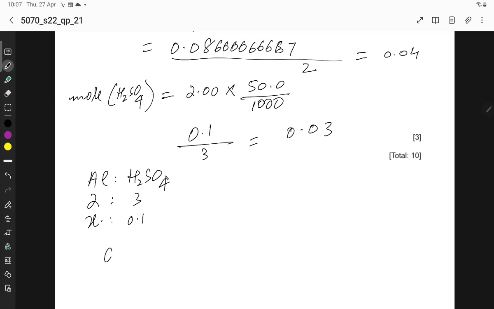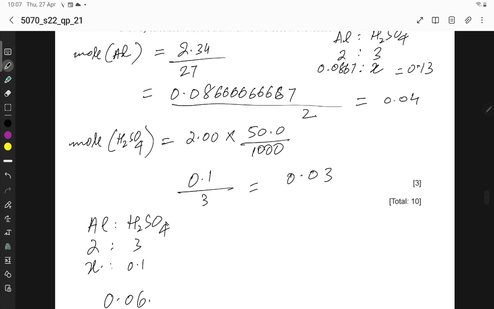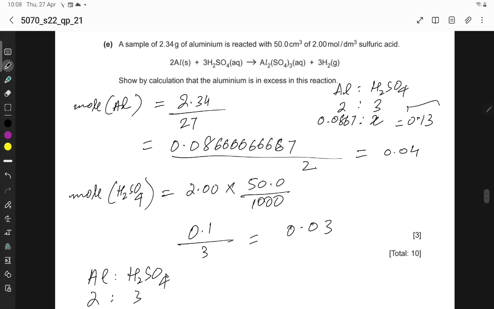So this is 0.06 moles of aluminium, and sulfuric acid 0.13 moles.